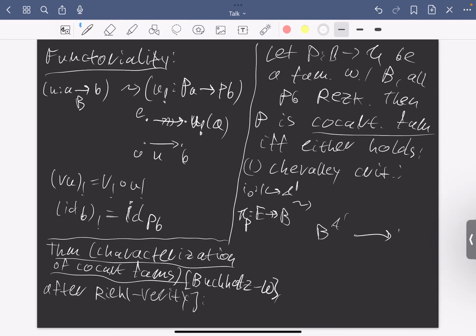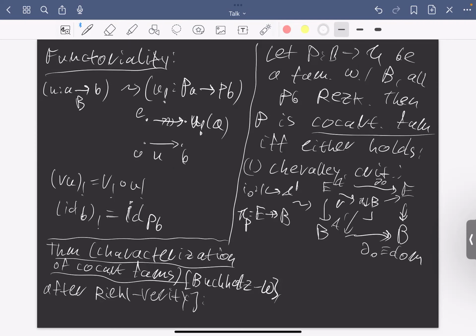We get a square like that, where we have the domain projection here in the base and the domain projection in the total type as well. And we have a comparison map to the pullback, which I'm going to write as the comma object, pi comma b here.